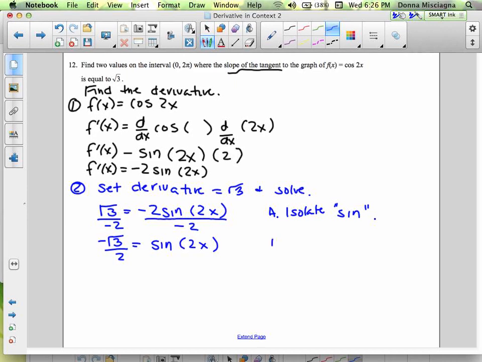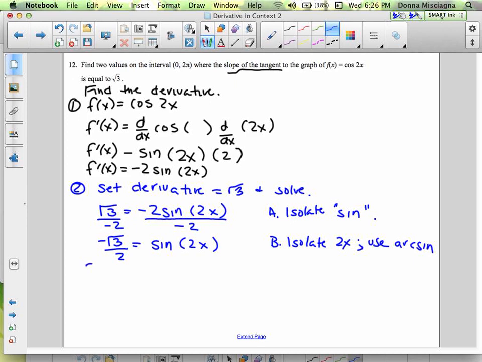Now we need to isolate the 2x. And to isolate the 2x, we're going to use arcsine, because that is the inverse of sine. We've got to take the arcsine of both sides.